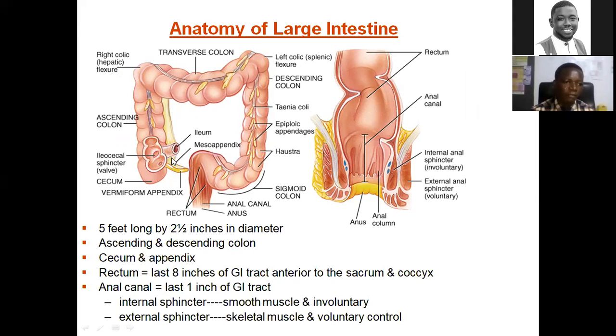Some of them include the lumen that passes this way being blocked by feces, because here we indicated that the large intestines is made up of feces. So if some of the feces go into the appendix and it gets blocked, with time there will be a reaction within the appendix.